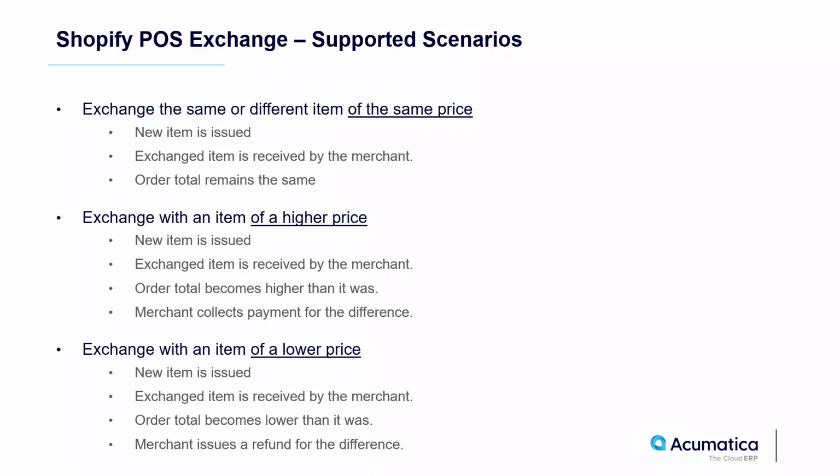However, in some cases, maybe you come in with your pants and the ones that have the color that you're looking for are a different brand, so the price is different. In some cases, the price is going to be slightly higher, so the customer has to pay more money to the retailer. Or maybe they're a lesser price, so the retailer is then refunding some money back to the customer in order to establish this exchange. Just to be clear, we support all of these different scenarios.